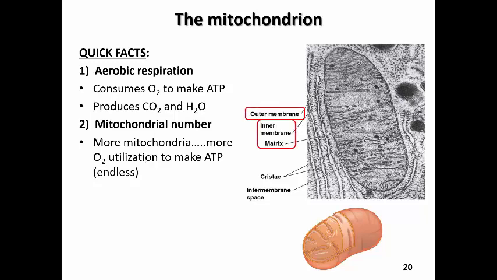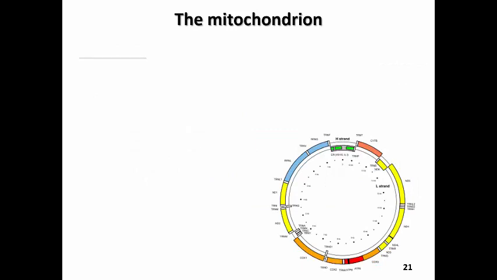And so in this microscopic image, it's not quite as clear as the drawing on the previous slide, but nevertheless, we see an outer membrane forming the outer boundary. We see an inner membrane, the interior matrix, which is where a lot of the ATP production takes place. And we have those folds referred to as the cristae, as well as the intermembrane space. Once again here, not quite as clear as it was in the drawing on the previous slide.